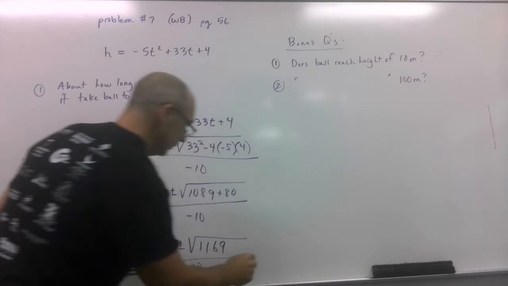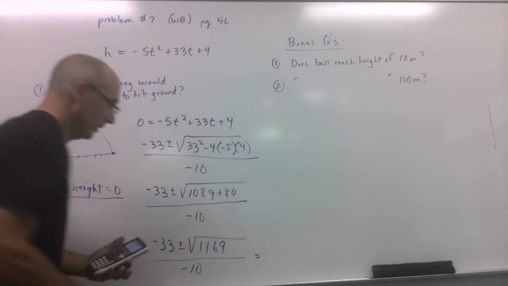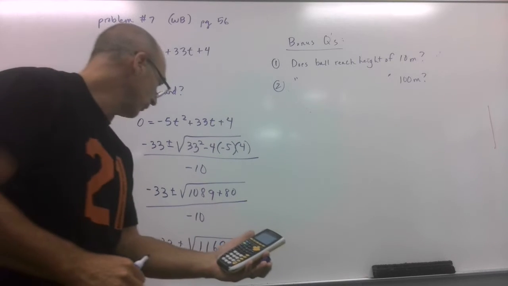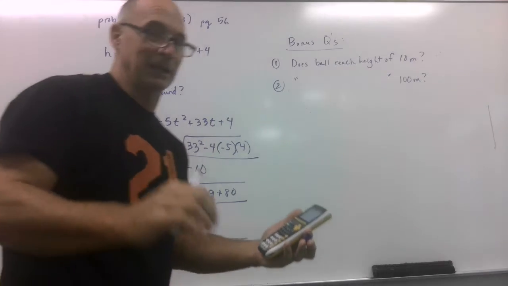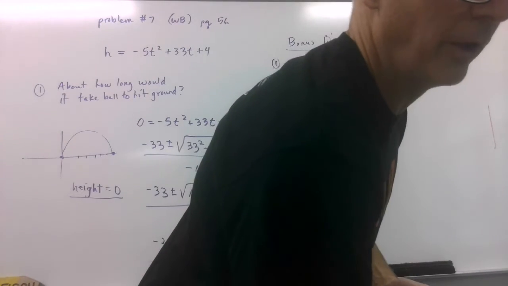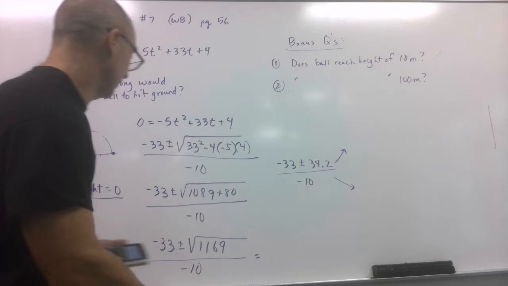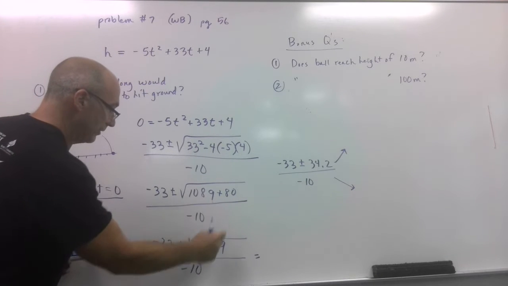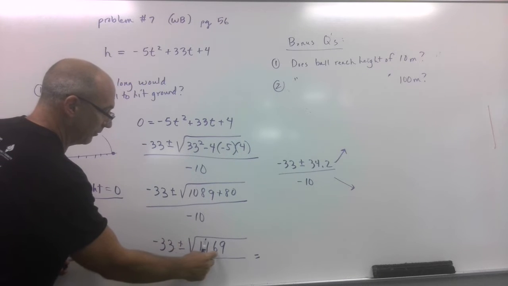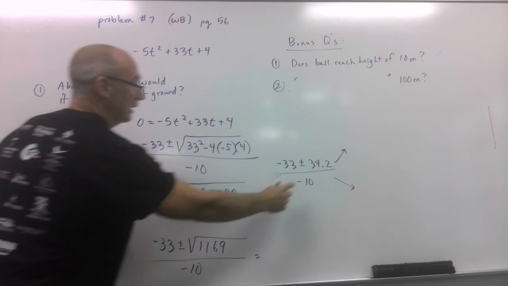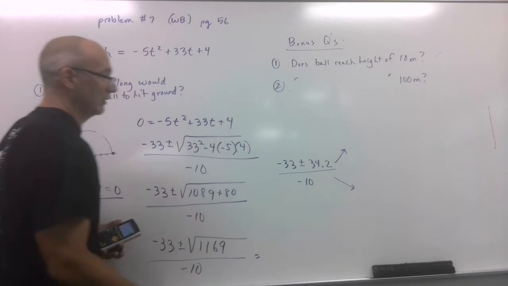Now, we've got to be able to take the square root of 1,169. Let me do that real quick. So I added those together, got the square root of 1,169, which ends up being 34.2. I rounded it just a little bit.